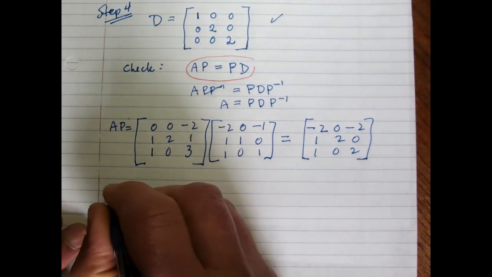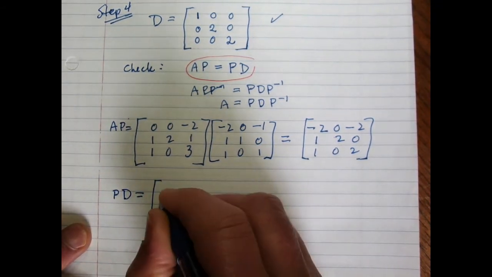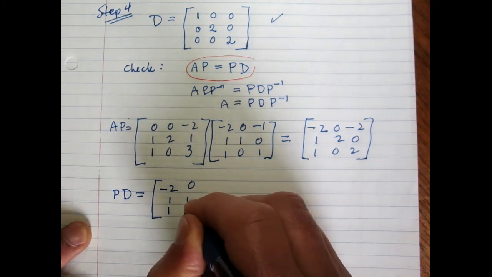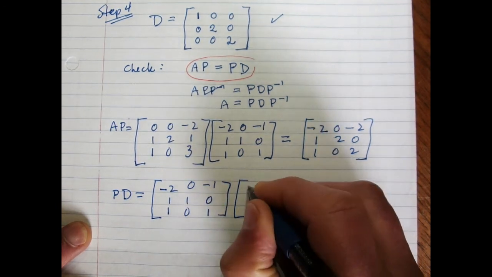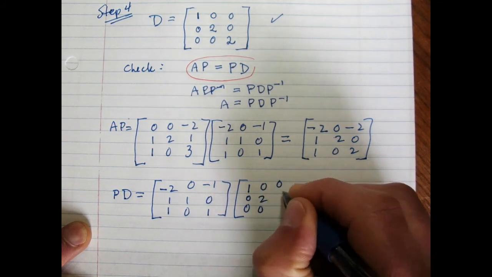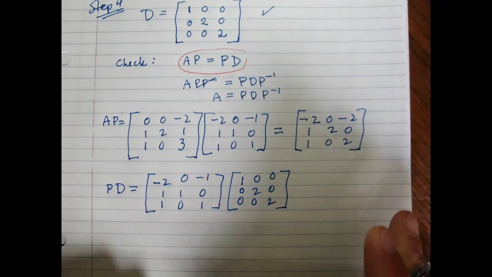If I check PD, so I'm recopying P again, times my diagonal matrix D, the eigenvalues on the diagonal.